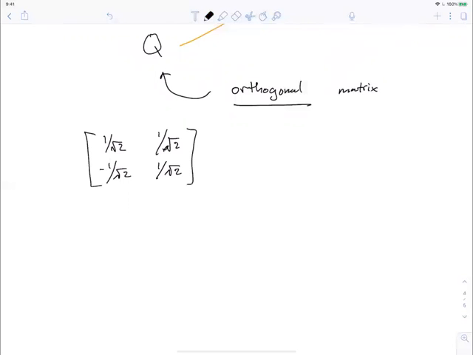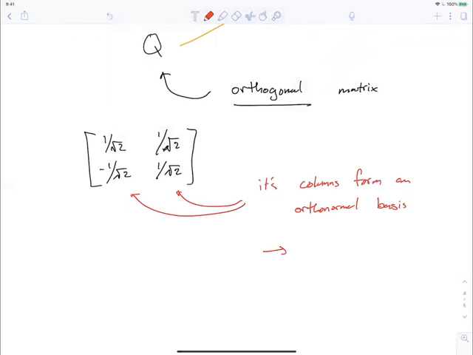We got this matrix because we formed an orthonormal basis from its columns. This means many things. One is that the norm of each column is 1.